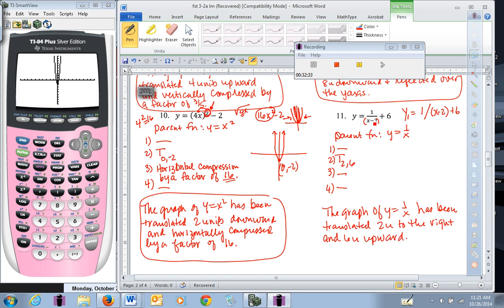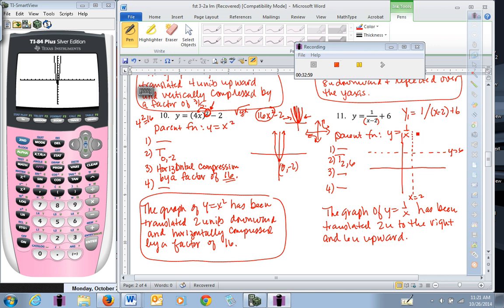Because there's a grouping symbol that's implied right there. Okay, so if you want to make a picture of that, we're going to come over here and take those, remember where those asymptotes are on the parent graph? The asymptotes are the x and y axes. I'm going to move this asymptote 2 to the right. I'm going to move this asymptote 6 units up.